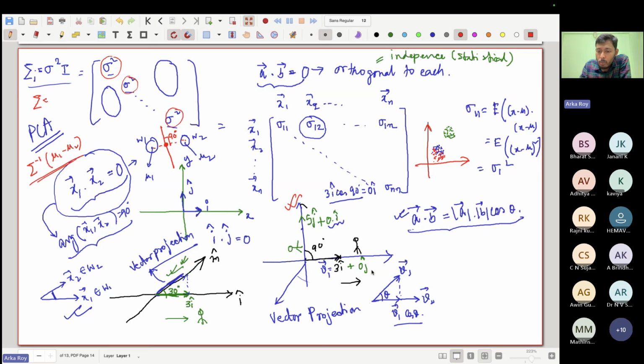When you have a statistically uncorrelated system, you don't have to think about the I cap when you go along the J cap direction, and vice versa. This kind of intuitive understanding is quite important, so that is what I want to bring up here.